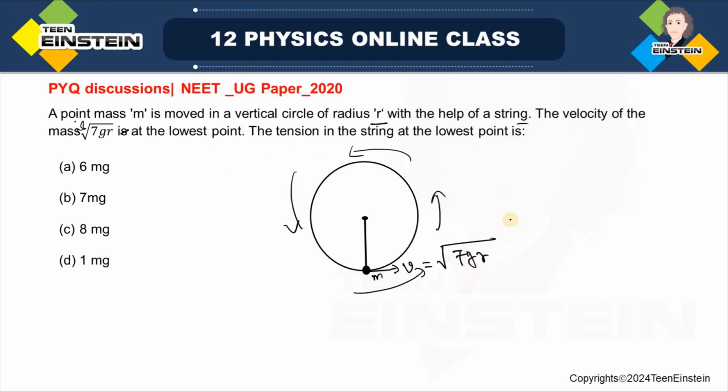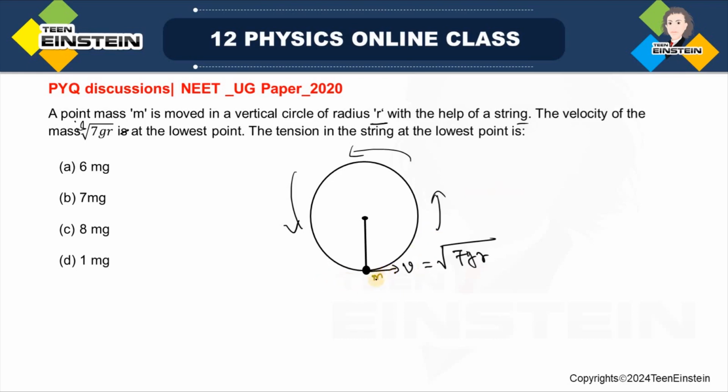The tension in the string at the lowest point. So at this position, what will be the tension in the string? How do we find that? We have to see what forces are acting on this point mass here at the lowest point. At this lowest point, there is a speed given in the horizontal direction.